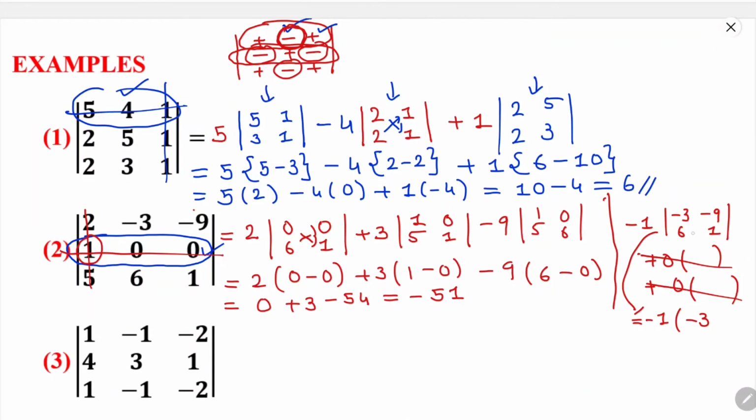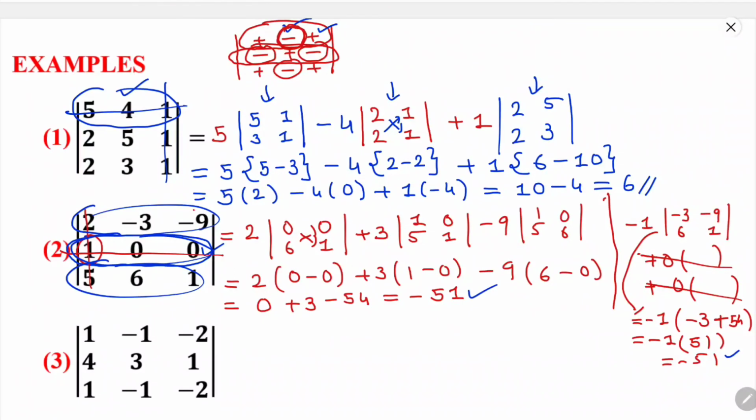Minus 54, but after applying this minus it will get plus 54, right? So minus 1 into 54 minus 3, 51, so the answer is minus 51. So if you use this row or any row, you will get the same answer, right?